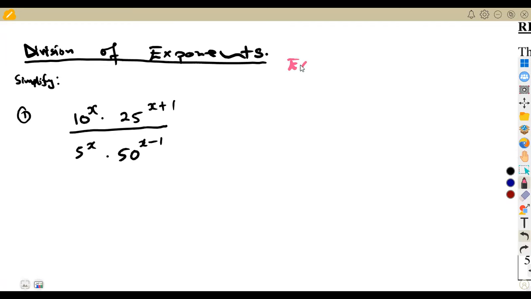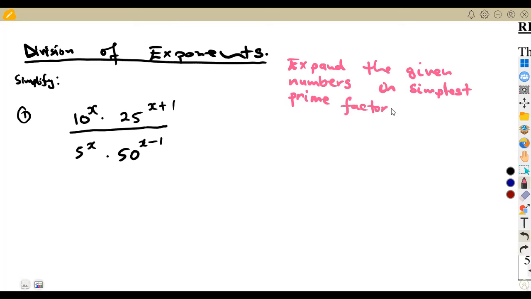Expand the given numbers in simplest prime factors. That is the way that we can have this. Why consider prime factors? Because a prime number is the simplest number, since it's only divisible by 1 and itself.